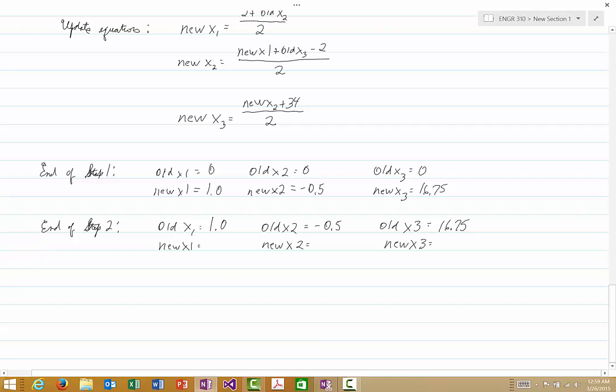But now the new values for the new ones will be 0.75, 7.75, and 20.875. Now, still, the differences are significant, so let's jump on down as we did before. We'll say end of step 10.